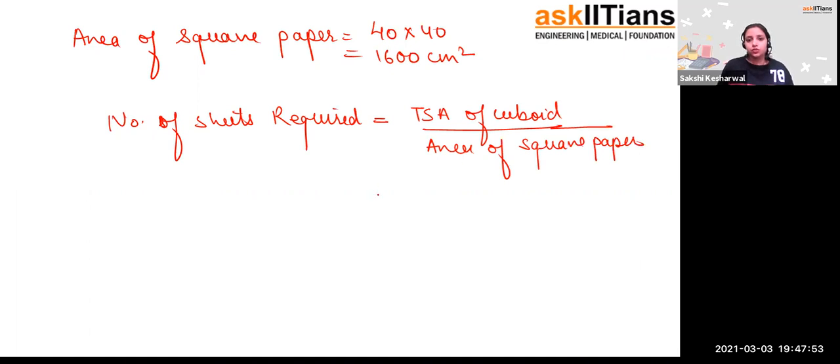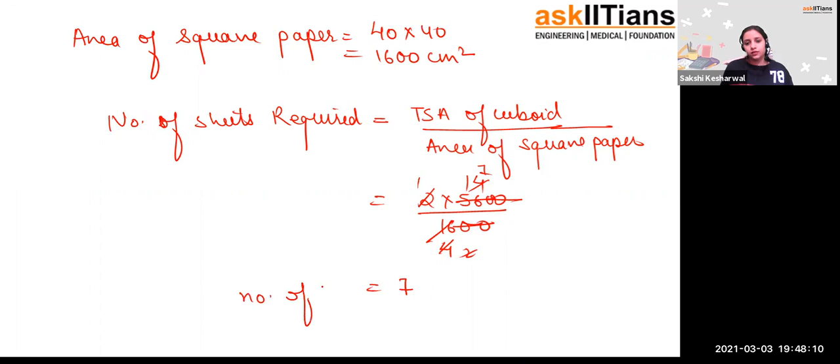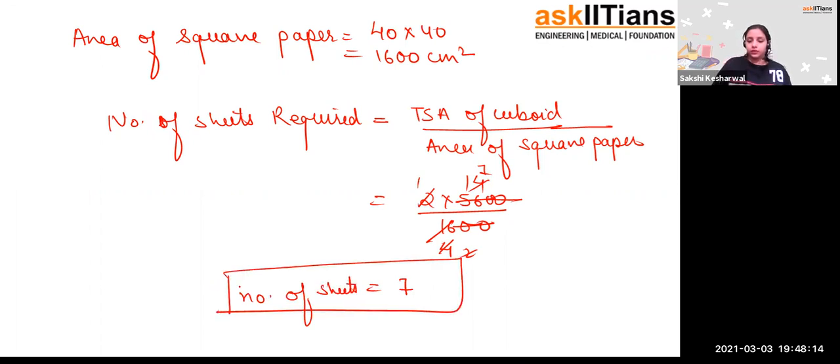So which is equals to 2 into 5600 over 1600. I'm not multiplying, you can do it like this also. This and this cancel, and you get 7. So the number of sheets required is 7. That's it. Please write it down, beta.